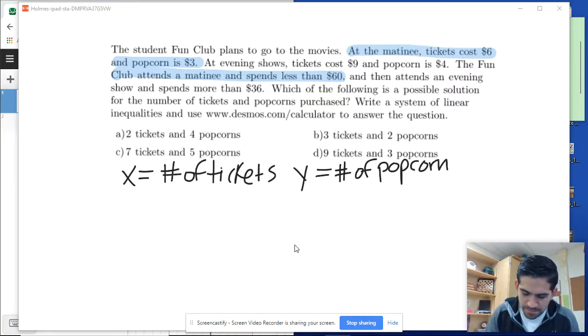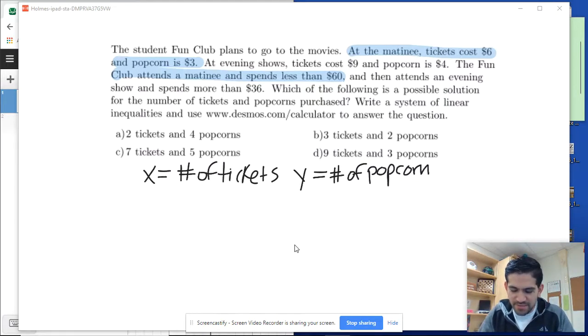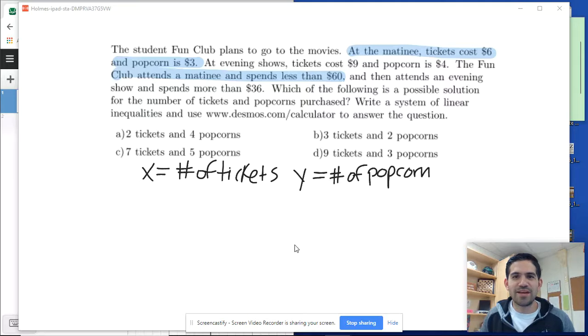Whenever we talk about these two variables, number of tickets and number of popcorns, we're talking about both the matinee and the evening show. So let's get going. For the matinee show, it's $6 per ticket and $3 per popcorn.